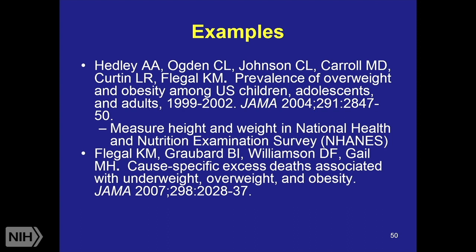So an interesting other study came out of CDC and the National Cancer Institute: Cause-specific excess deaths associated with underweight, overweight, and obesity. Most people will think, well, if you're overweight or obese, that's tied to higher mortality.